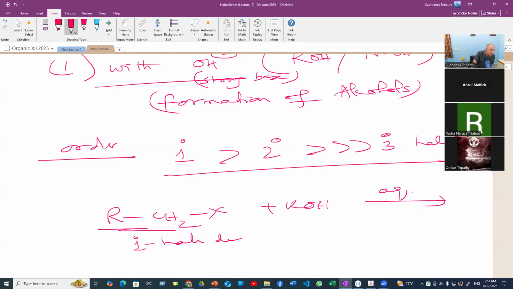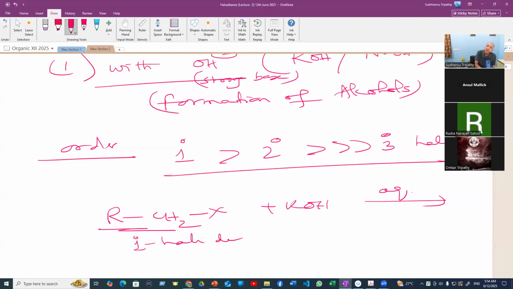So what NCERT says to young students like you is that if you are taking aqueous KOH, then it is substitution. If it is alcoholic KOH, it is elimination. Of course, I don't say that for 3 degree halide.